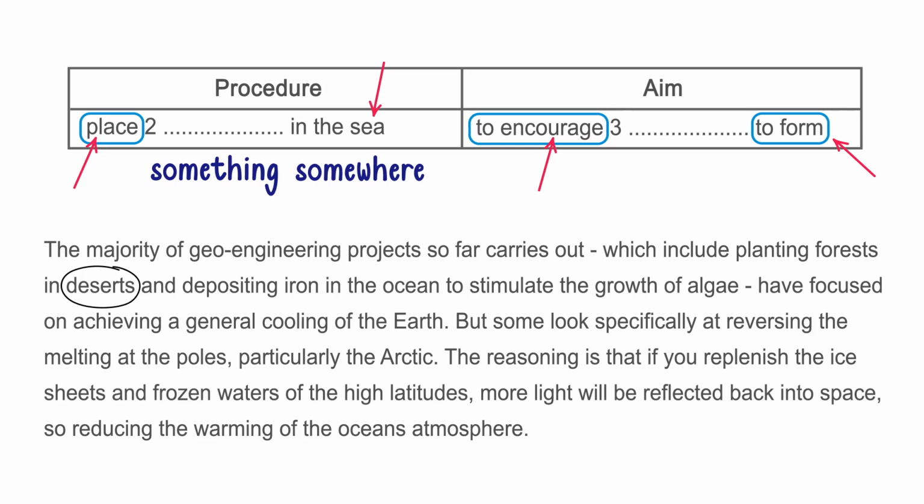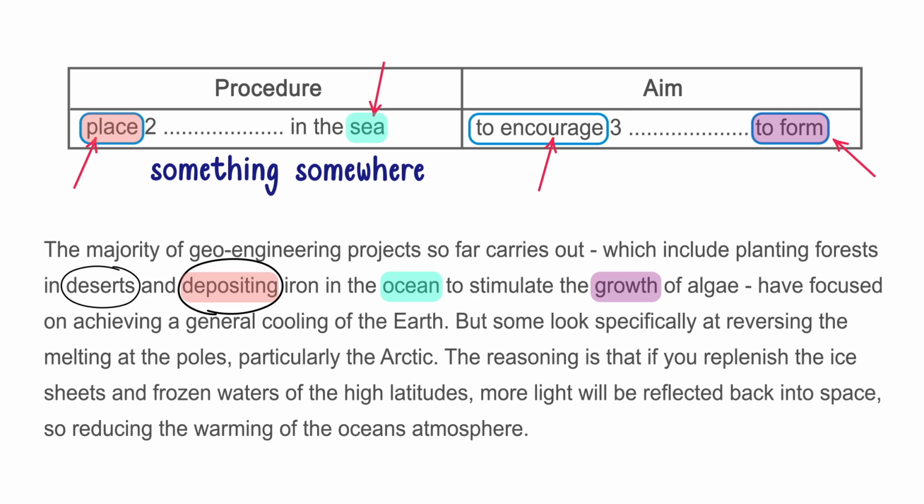In deserts and depositing iron in the ocean to stimulate the growth of algae have focused on, and so on. Now we have "depositing". To deposit means to leave something somewhere. It means to place. So depositing something in the ocean, in the sea, right? To stimulate the growth of something. Stimulate is the synonym for encourage, all right? And growth is the synonym for form, right?